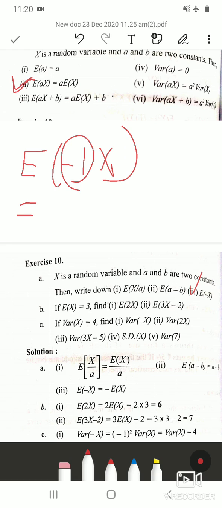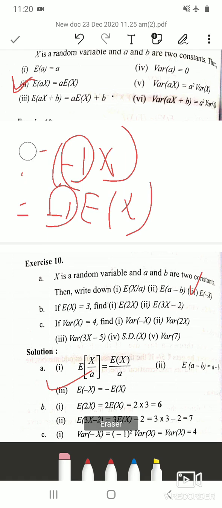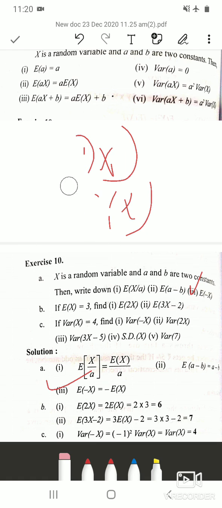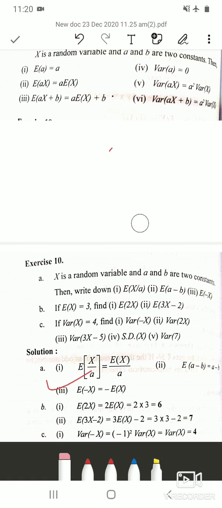Therefore using the second result we can write expectation of minus x as a into expectation of x, where a is minus 1, which is minus expectation of x. So always remember expectation of minus x is minus into expectation of x.